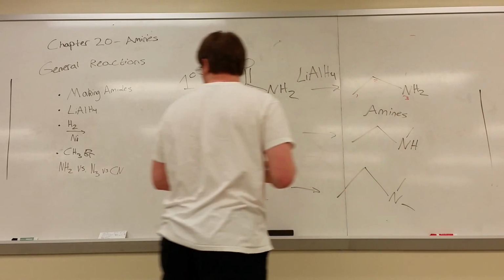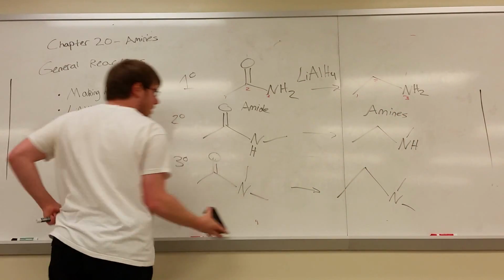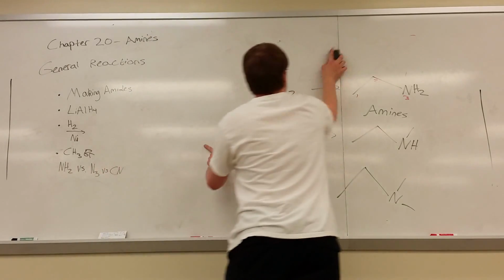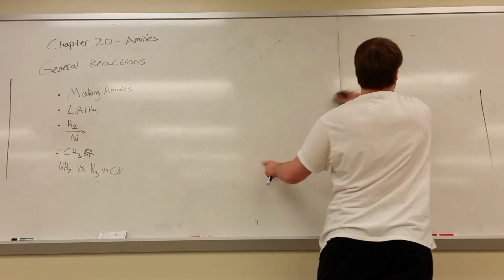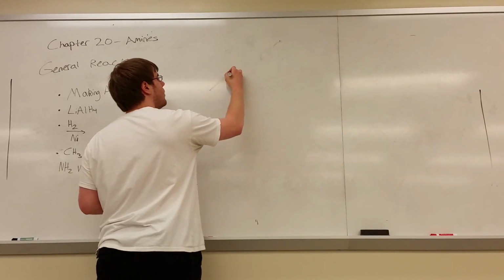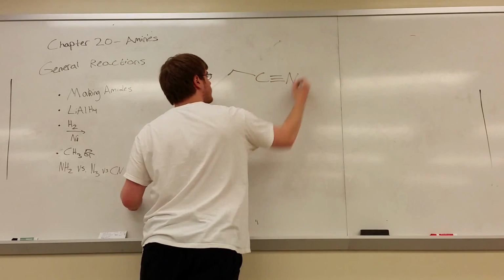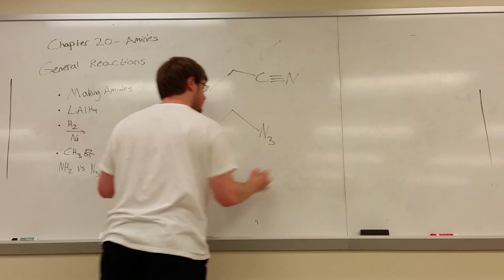Okay? LiAlH4 does a couple other things in this chapter too. Namely, it can reduce N3 and C triple bond N both into NH2. So for example, let's say C triple bond N, and we have N3.